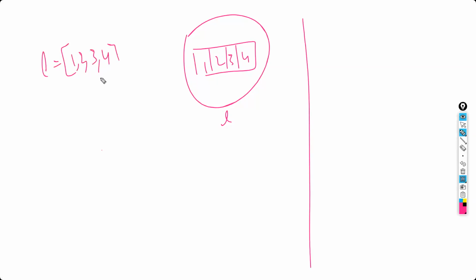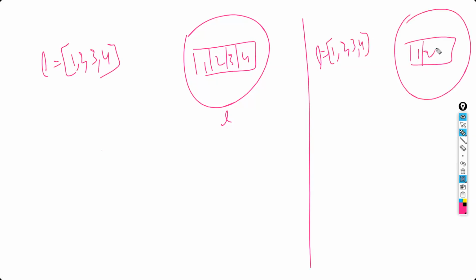This is the code: L is equal to 1, 2, 3, 4, an object. So this is the code. The second line of code is L.clear. The first line of code is this one, and the second line of code is L.clear.